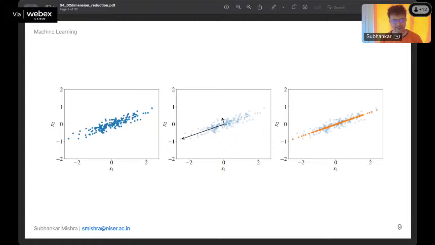So we ask on which direction it shows the highest variance. If you look at x1, it shows some variance, since every blue point has some value. In x2 also it shows some variance, but the values only lie between -1 and 1. If you look at x1, the values range from -2.5 to +2.5. So more variance is available in x1.